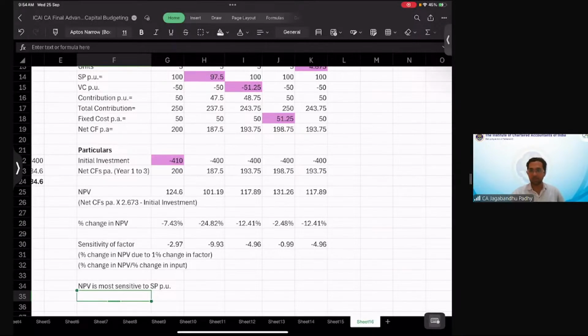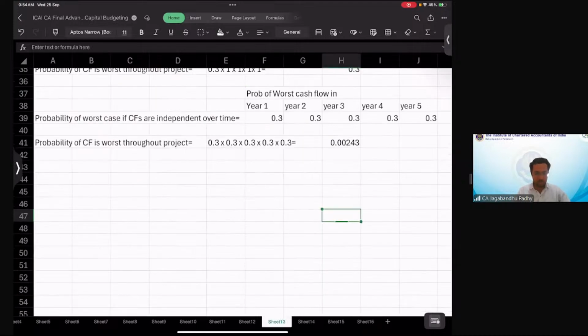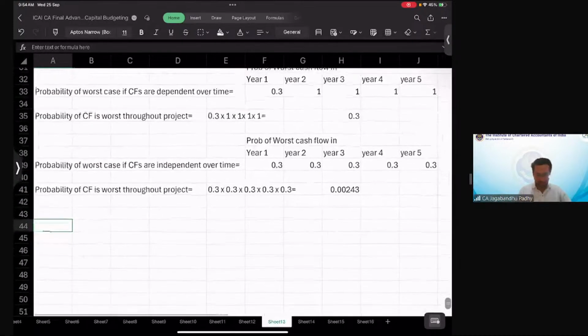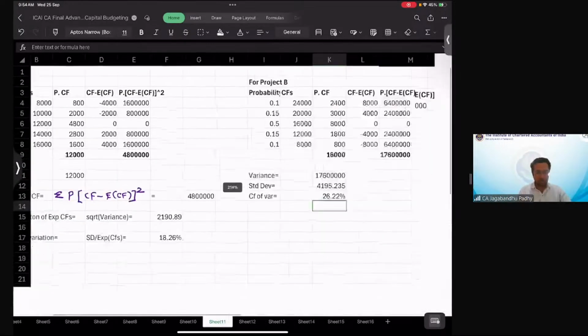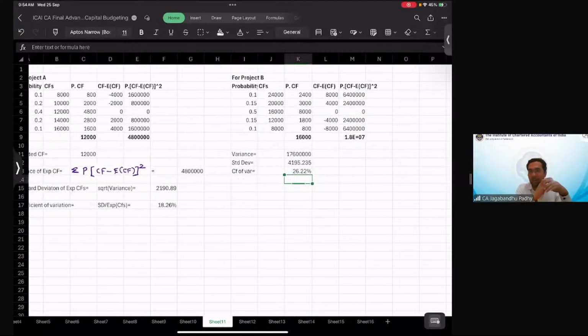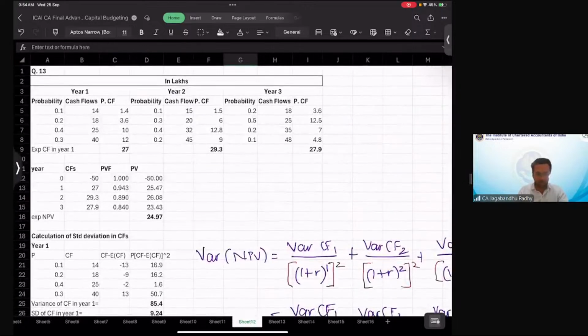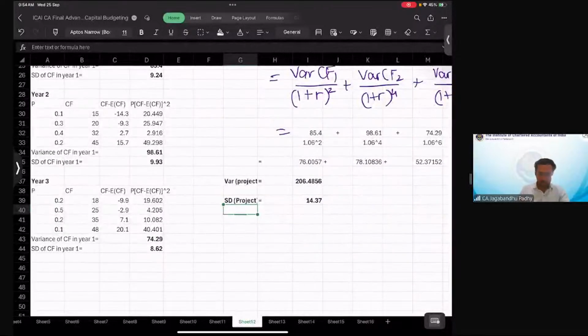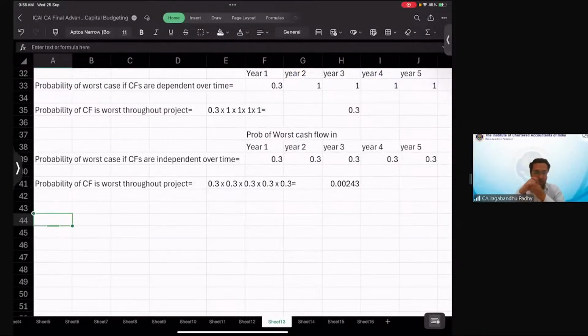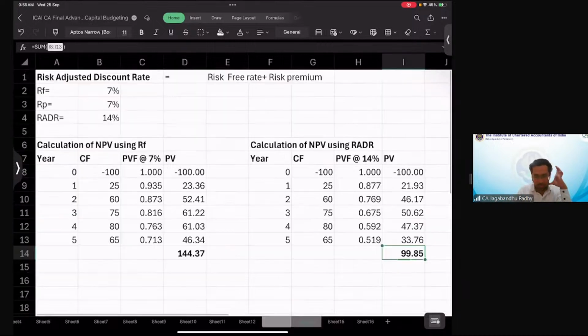Today we have covered quite a lot of concepts. First, we covered the expected NPV and expected IRR. Then we went ahead with the calculation of variance of NPV. Then we looked at independent and dependent cash flows, on the basis of which we calculated the probability.